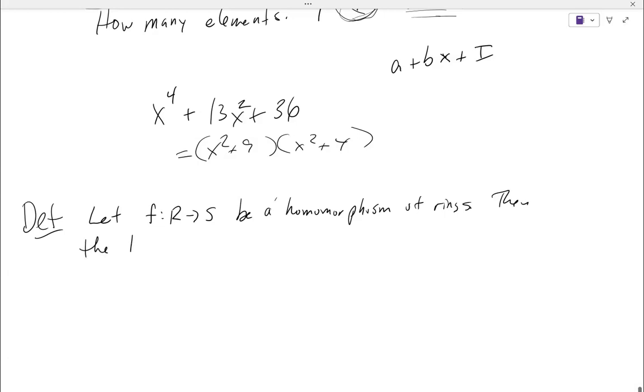Then the kernel, a different kernel than what we were talking about earlier before class, the kernel of F. Your book just uses a K, but the standard notation for kernel is ker. So the kernel of F is the set of all things in your domain that map to 0 in your codomain.